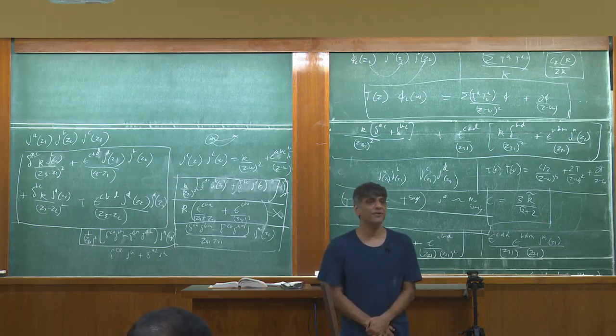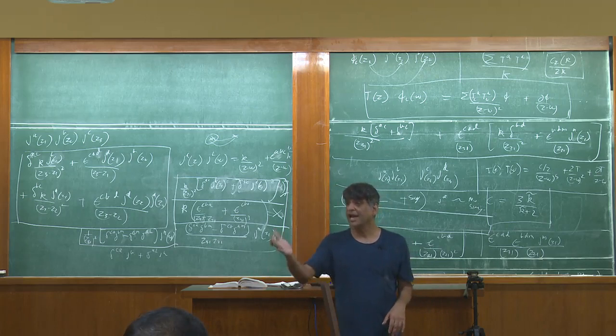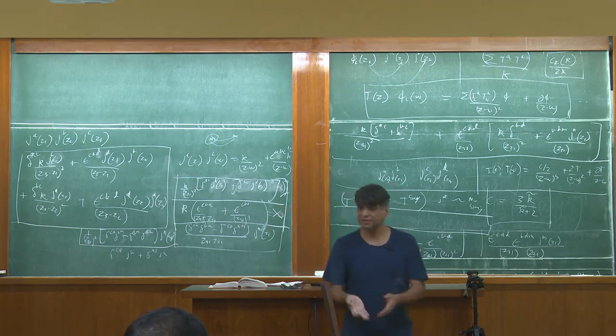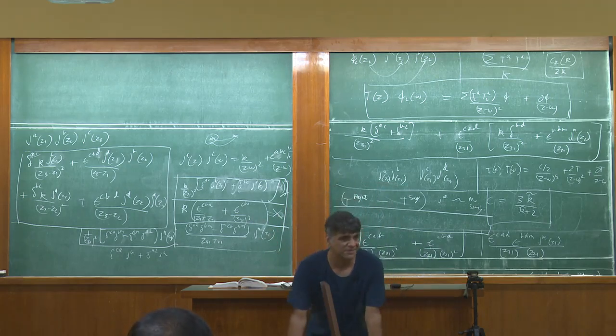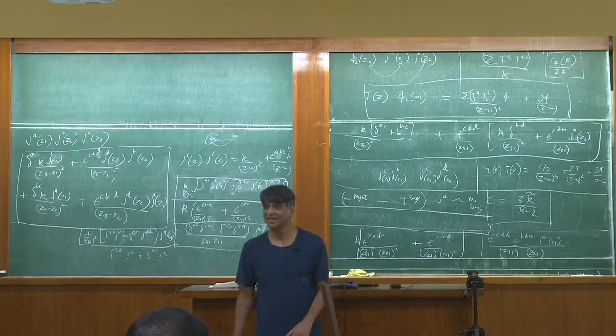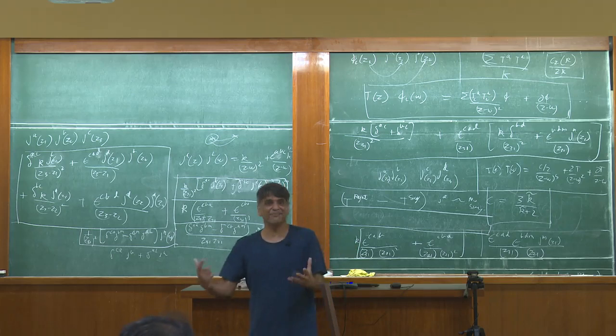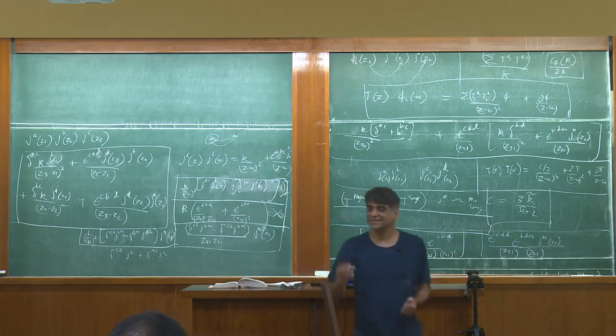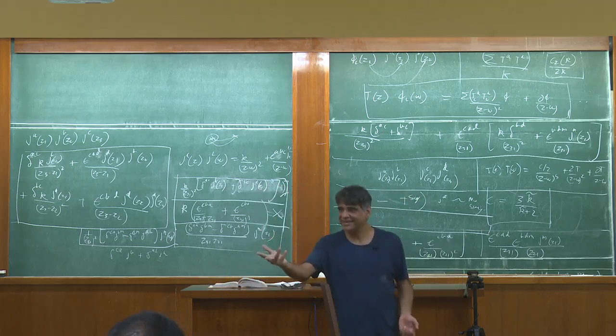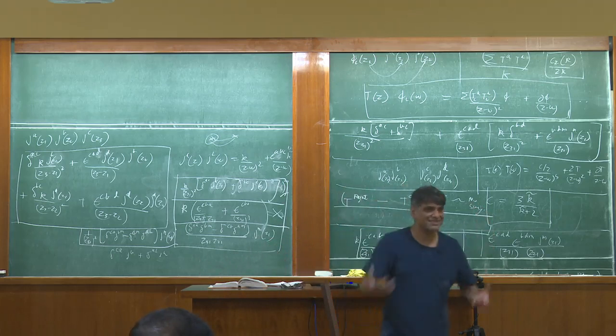If I just tell you which representations of the Kac-Moody symmetry we have, that completely determines the energy spectrum of my theory on a circle. Isn't that amazing? Okay? It's like a dream, right? That you do some symmetry and it determines dynamics.